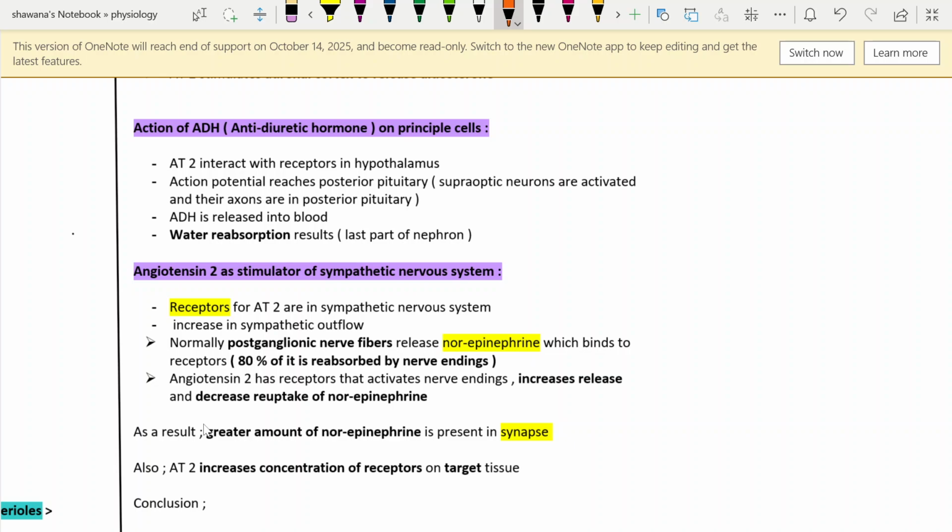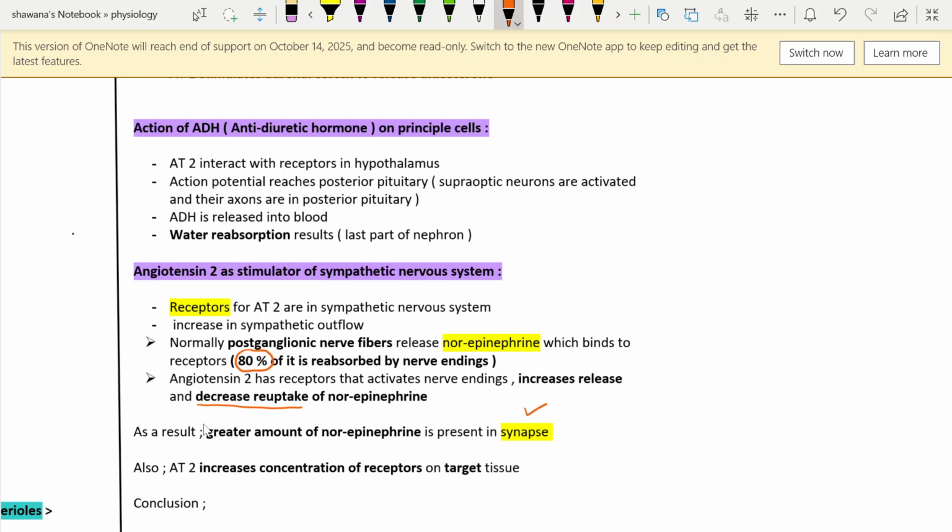But under the influence of angiotensin 2, it will cause increased release of norepinephrine and it will decrease the reuptake. It means that the 80% which we were recapturing is inhibited by the angiotensin 2. And when the reuptake is decreased, it means that the greater amount of norepinephrine is present in the synapse.